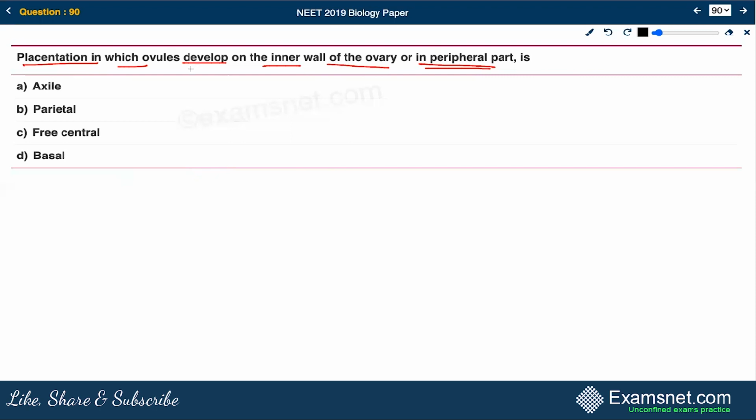All right. Now, if it is talking about the development of the ovule on the inner wall of the ovary or in the peripheral part, that means in the periphery, then definitely it is the parietal placentation, because parietal placentation is the placentation in which the development of ovules takes place on the inner wall of the ovary or in the peripheral part, just like in case of mustard or argemone.